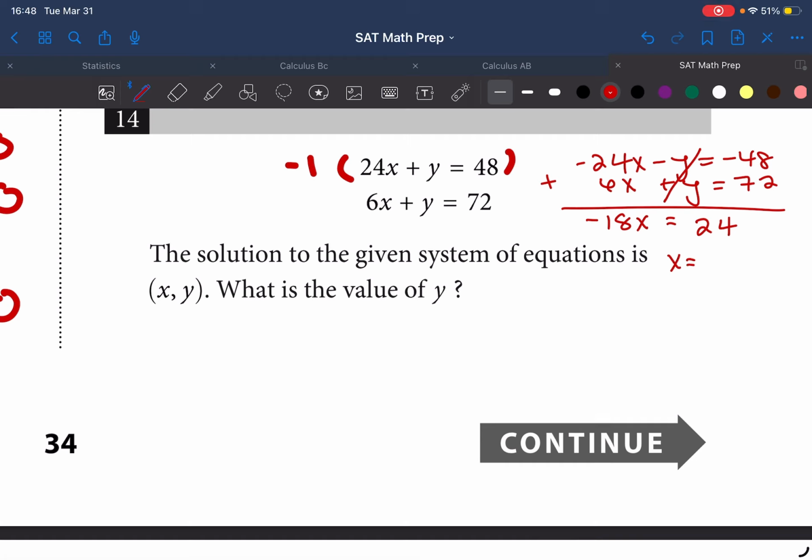I can go ahead and simplify this into a fraction. I guess that would be the easiest. So negative 24 over 18. Divide both by 6. So let's see, x is equal to negative 6 over 3.